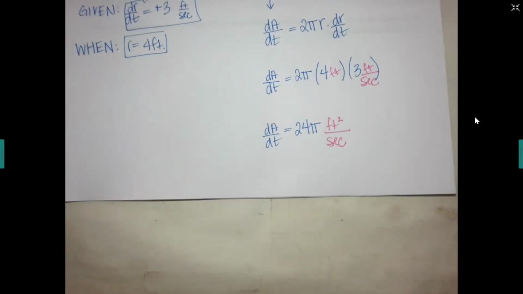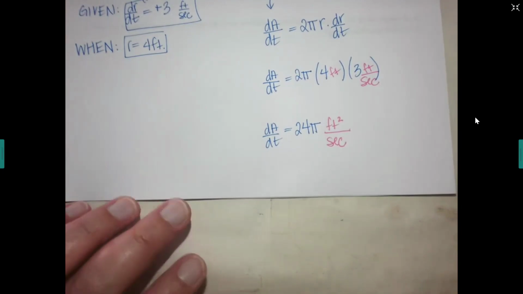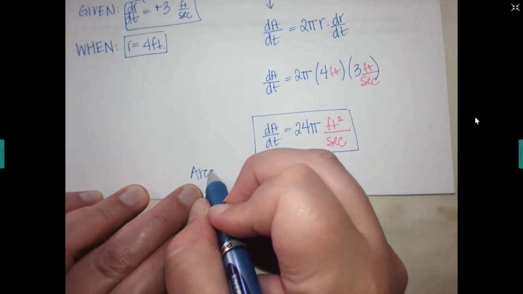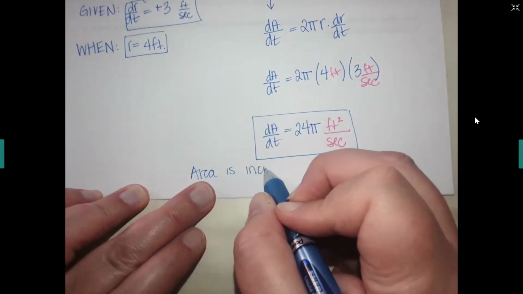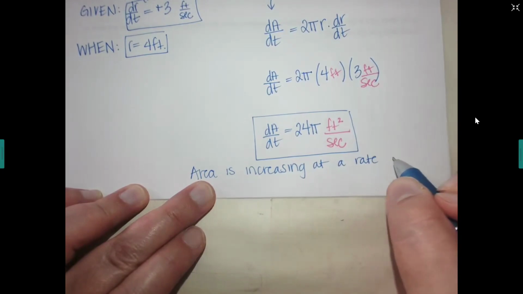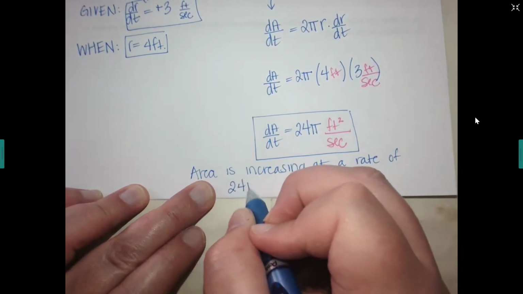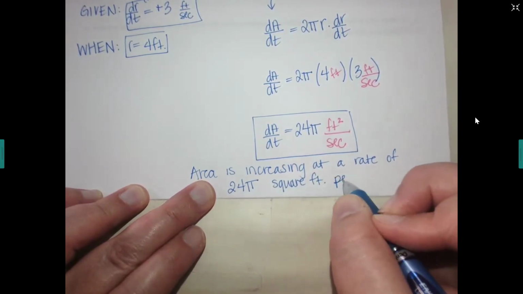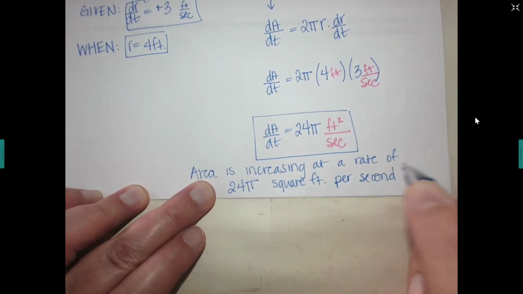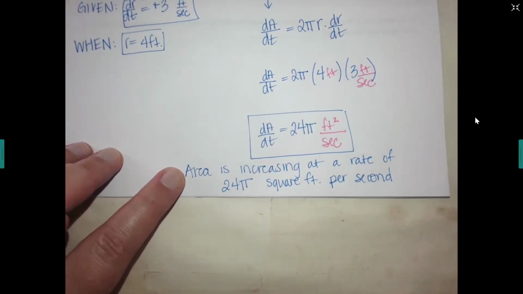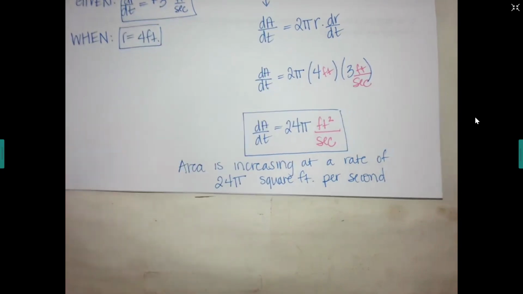So essentially, if you were gonna describe what that is, you would say that what that means is that the area is increasing at a rate of 24 pi square feet per second. Okay, and that should make sense that anytime that you're measuring area, since you have like a length and a width, usually feet squared or square feet is how you would measure that. Okay?